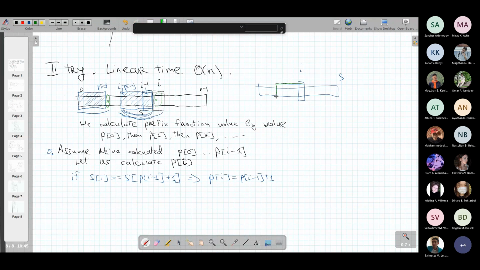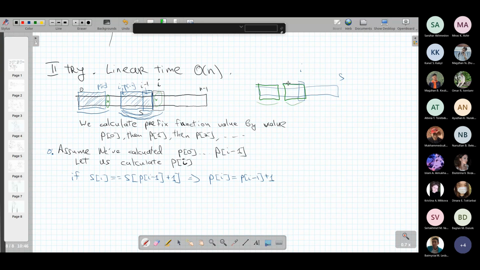So in order not to confuse you, let me write it a bit larger. This is equal to this. Let us assume these green rectangles indicate the largest answer for position i. The length of that green rectangle is the value of the prefix function at i, the actual value, not what we found, but the actual value.